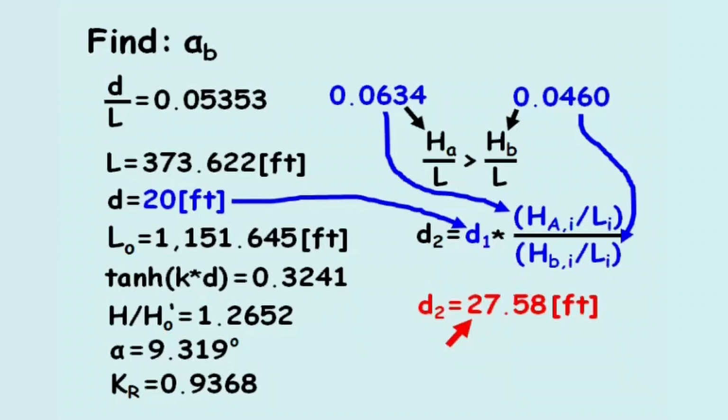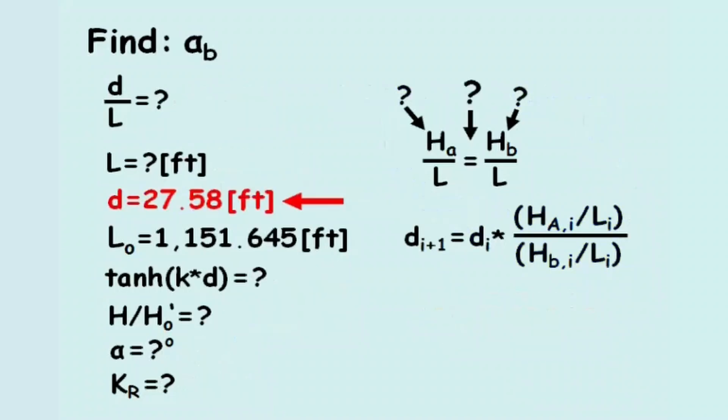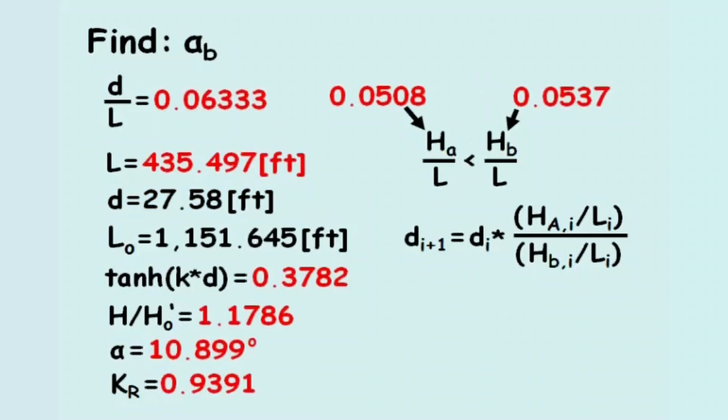When using the depth of 27.58 feet and performing the same calculations as the first iteration, we compute the values shown here. At this depth, we notice the actual height of the wave, HA, is less than the breaking height of the wave, HB.